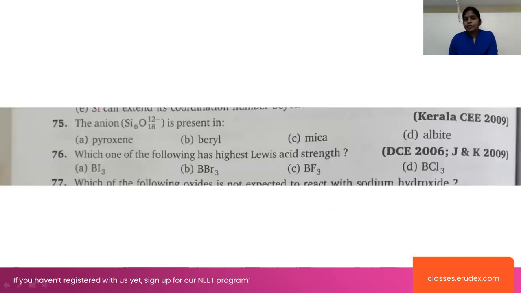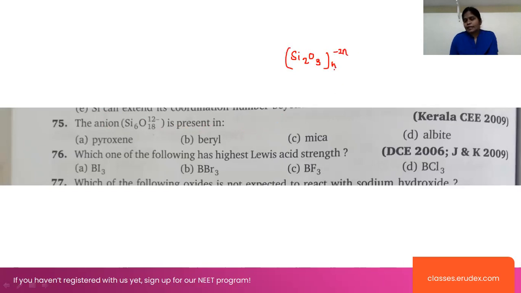Next one, look at the formula. The anion Si6O18 12- is present in the cyclic silicate, and this is similar to Si, with O3, n, minus 2n here.